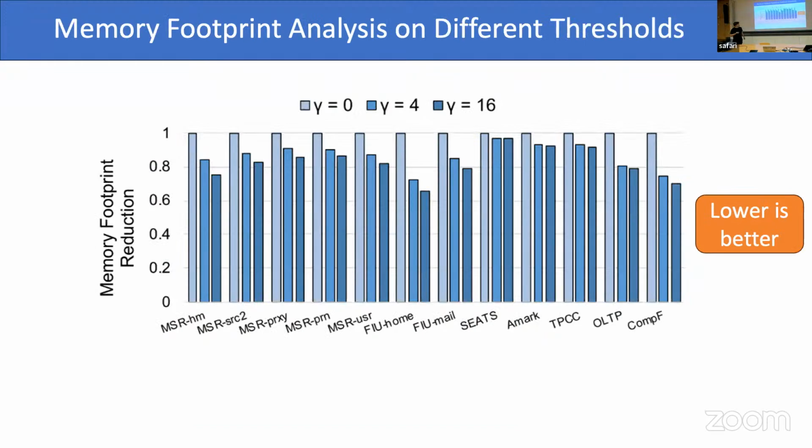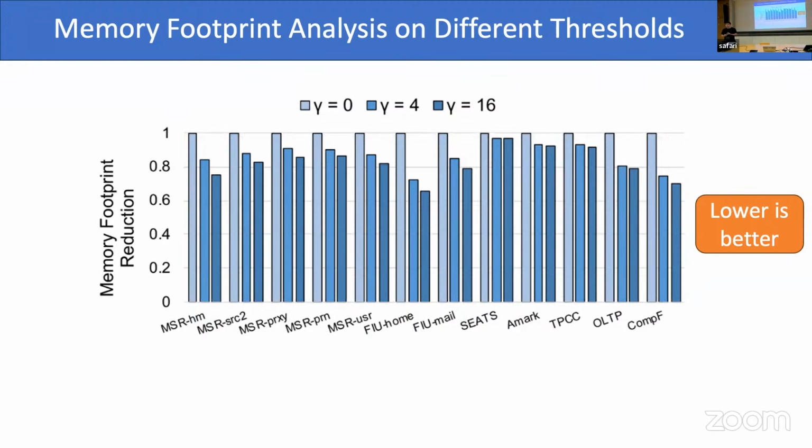This is analysis on different thresholds. On the y-axis, we have again memory footprint reduction with gamma equals 0 as normalized, and then basically we have gamma equal 4 and gamma equals 16 to compare to. With gamma equals 0, it is important to state that we don't have approximate segments.